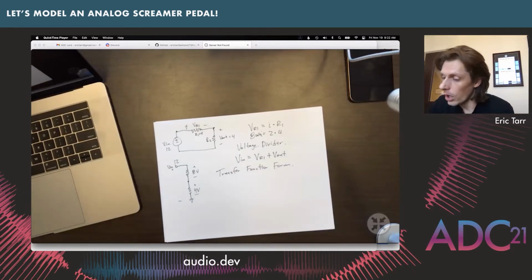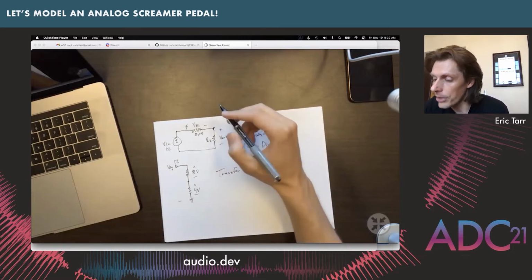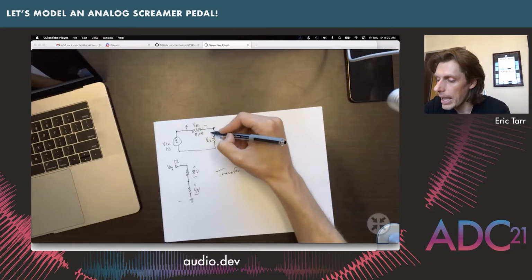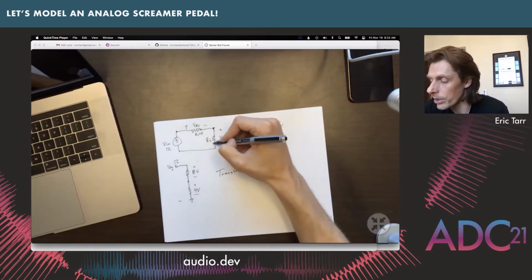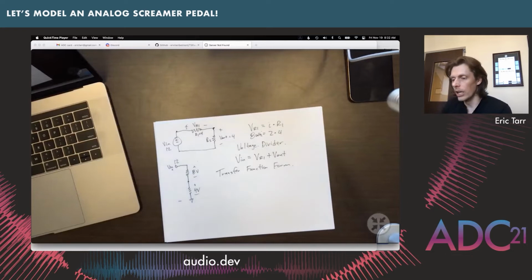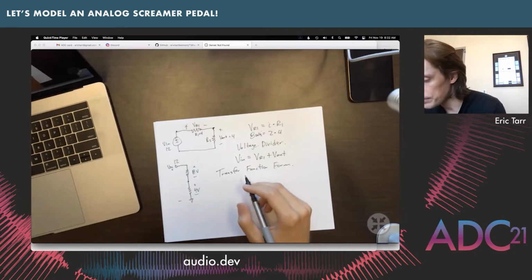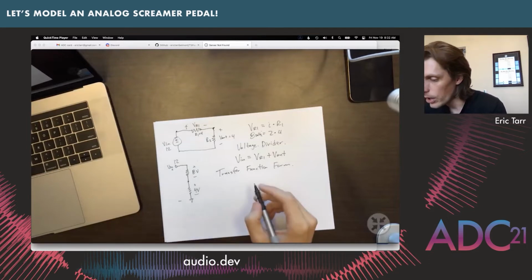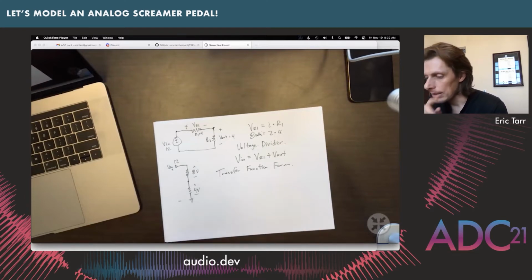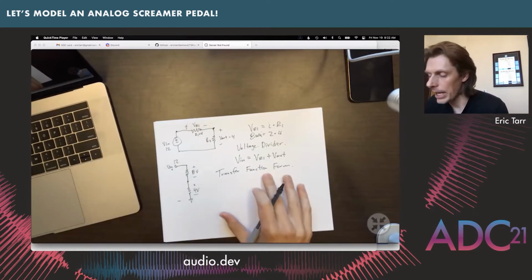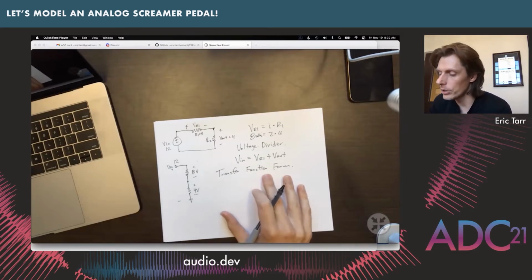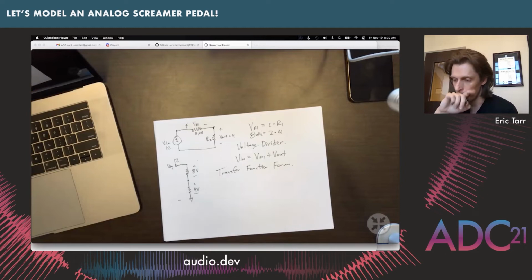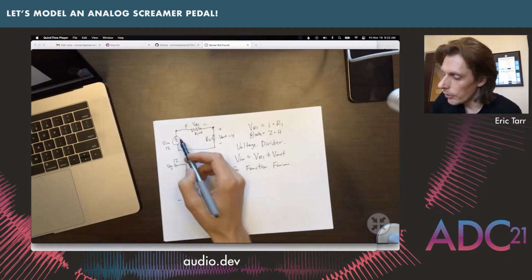So what we can do is talk about the current going through this resistor, and then it has to be equal to the current going through this resistor, right? Let me pause on this transfer function form and introduce something else that we'll want to use to come up with this transfer function form, which is this idea of a voltage drop.